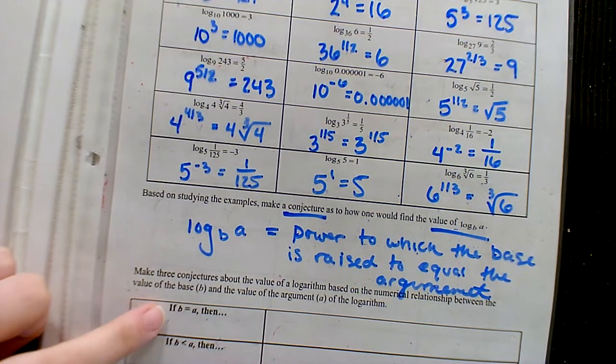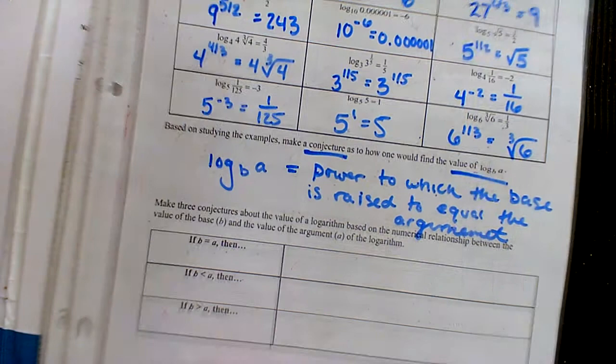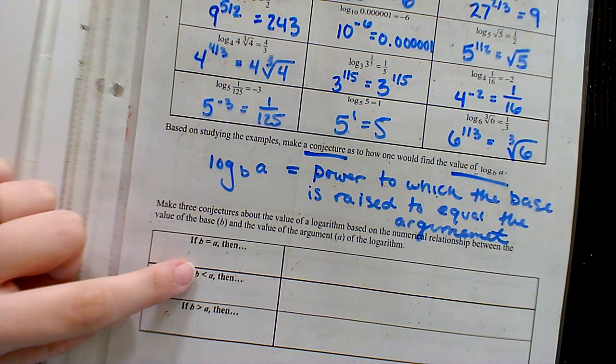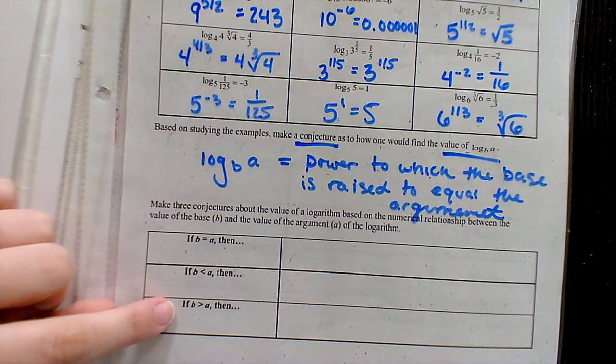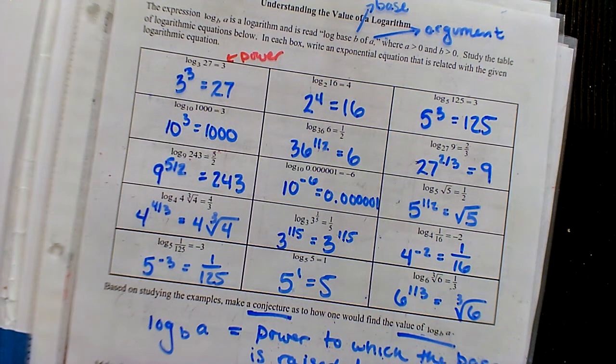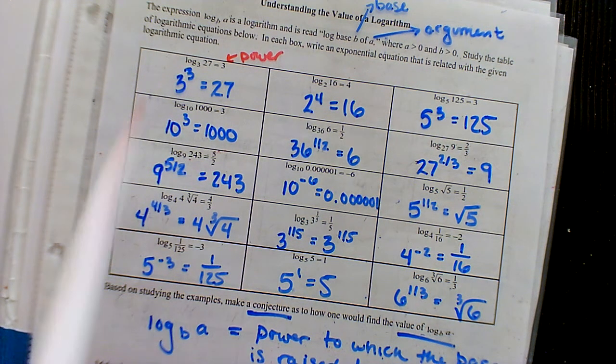So we're going to compare in the bottom box here, what if the base is equal to the argument, what if the base is less than the argument, what if the base is bigger than the argument. So let's in these little boxes write down the relationship between the base and the argument for each problem.